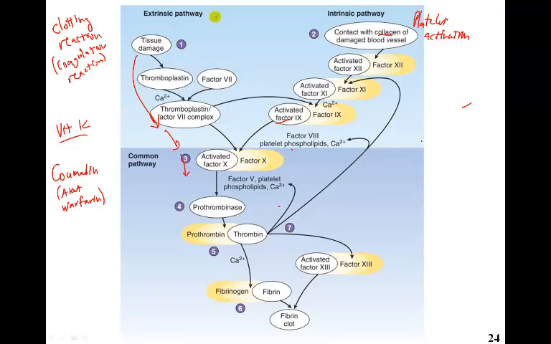So no platelets are required for the extrinsic pathway. And the basic idea here is just to provide some redundancy, okay?